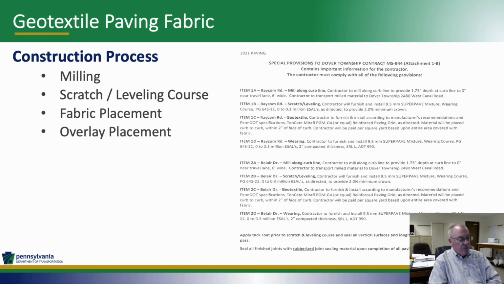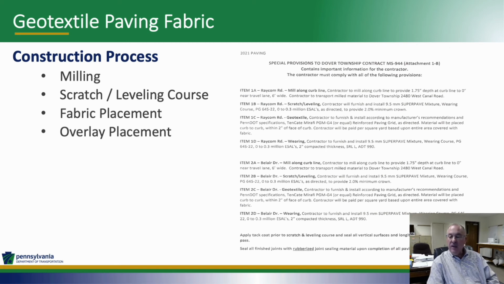Our contract was broken down into 4 sections: milling, scratch and leveling course, the paving fabric placement, and then the overlay. And as you see in the photo here, there's special provisions that talk about how the milling's to be done, how the scratch and leveling was to be completed, what material they were to use, what was the minimum cross slope we wanted.